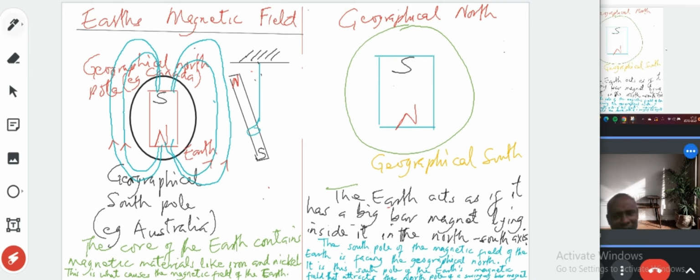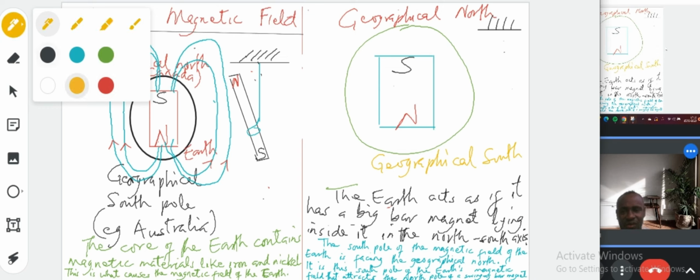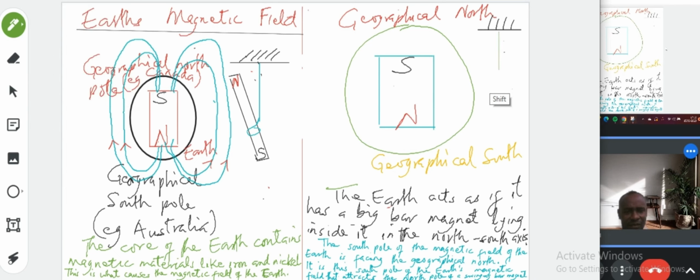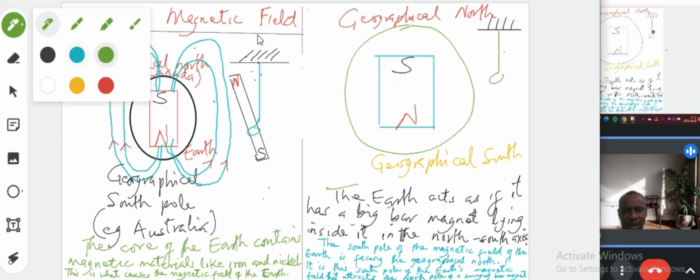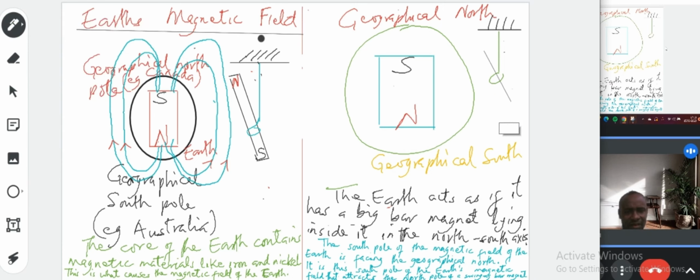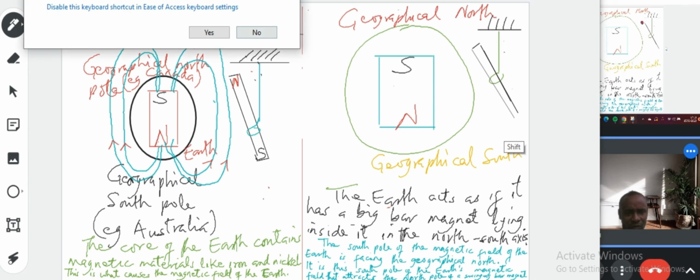Now, if you suspend a bar magnet, hanging it from a ceiling or any surface with a string, so that it swings and stabilizes, once it stabilizes, this very bar magnet will always behave like this.